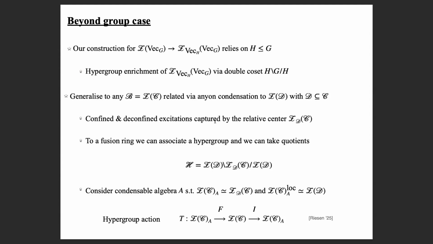So again, the symmetry action, if you have a condensable algebra such that the A modules give this relative center and the local modules give the center of D, would come similarly from this kind of composition.